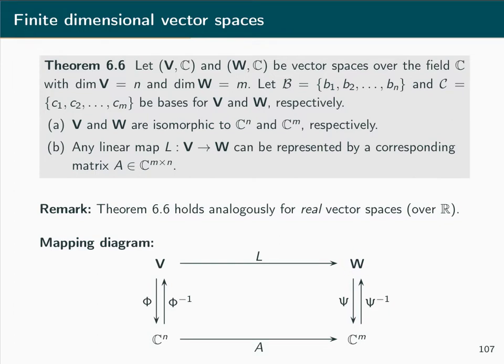Then we have an isomorphism called phi between the vector space V and the space Cn, and correspondingly an isomorphism called psi between the vector space W and Cm, and the linear operator L that maps between V and W has the matrix representation A between the complex spaces Cn and Cm.